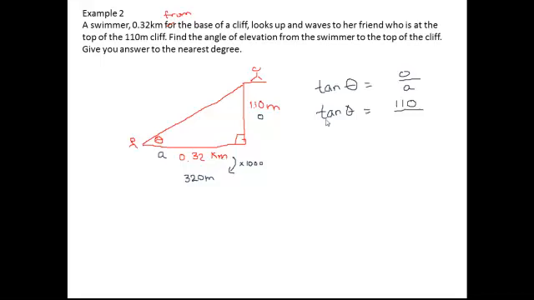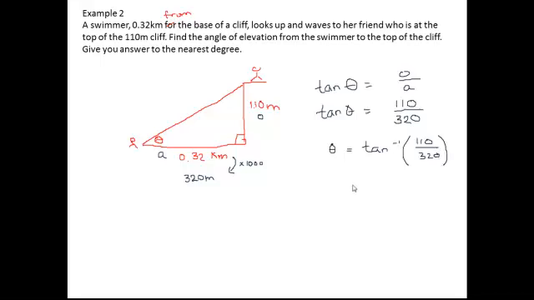Okay, so back to our question here. Tan of theta is equal to 110 meters over 320. To work out theta, we need to use the inverse tan of 110 over 320.